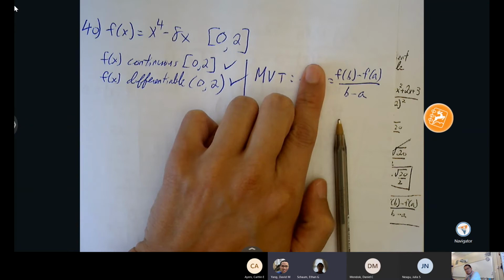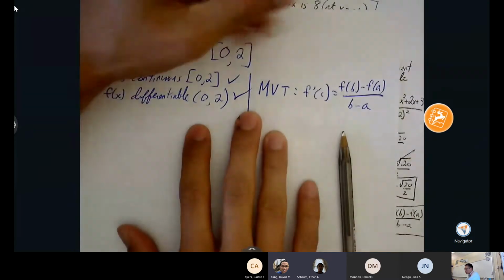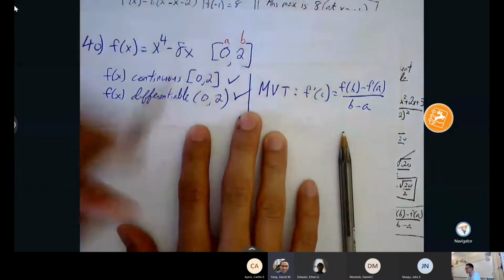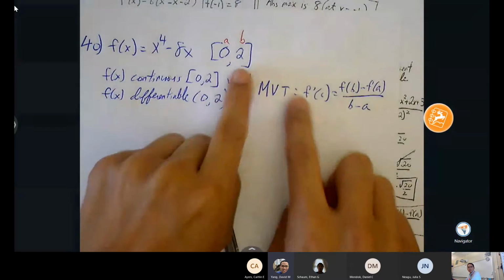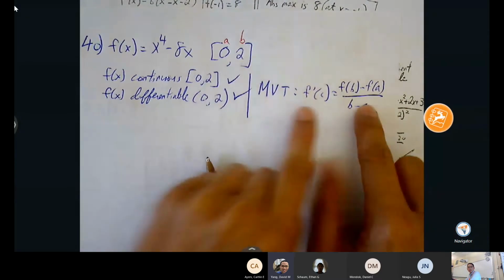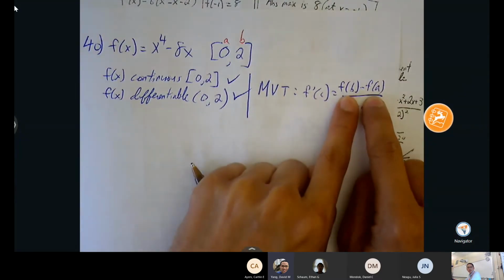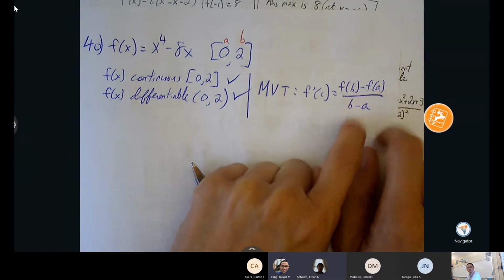I don't know. Okay, so let's say these are A and B values. What does this mean to find f of A and f of B? To find where y is at that point.